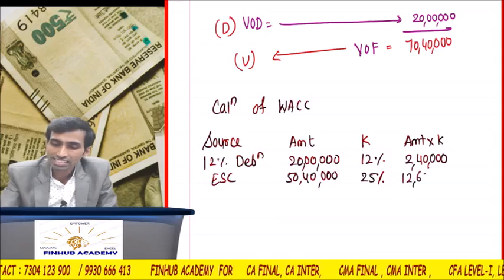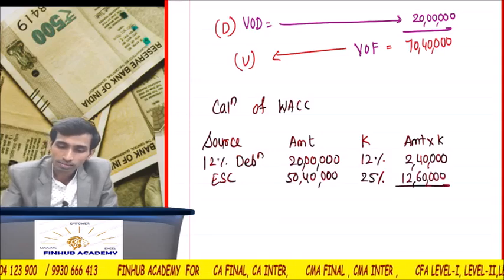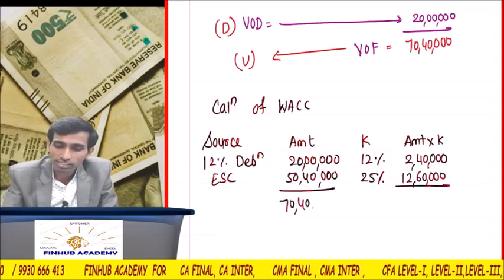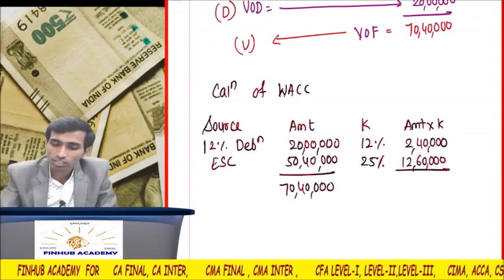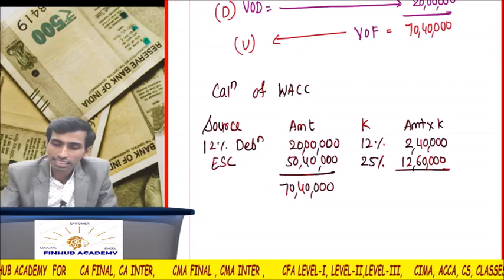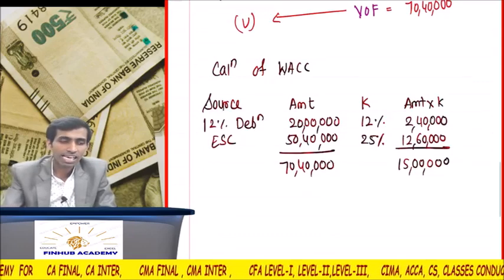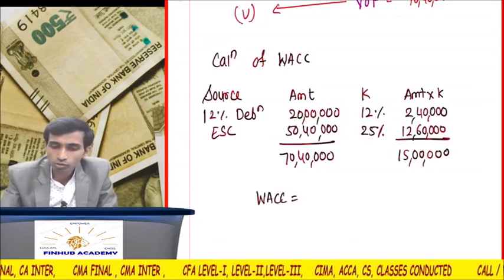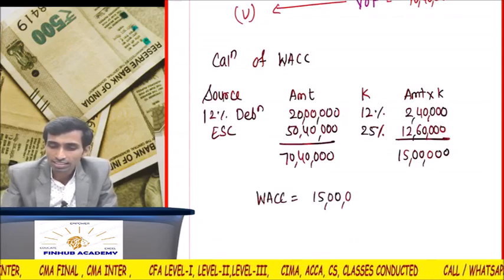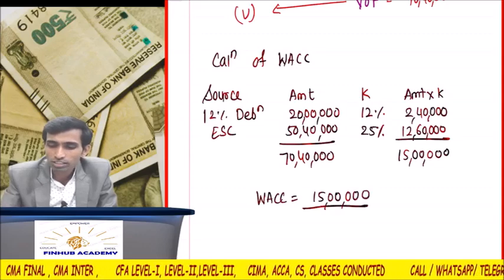12 lakh 60,000. Total 70 lakh 40,000. What is the total cost? 15 lakhs. So WACC KO equals 15 lakhs total cost divided by 70 lakh 40,000.